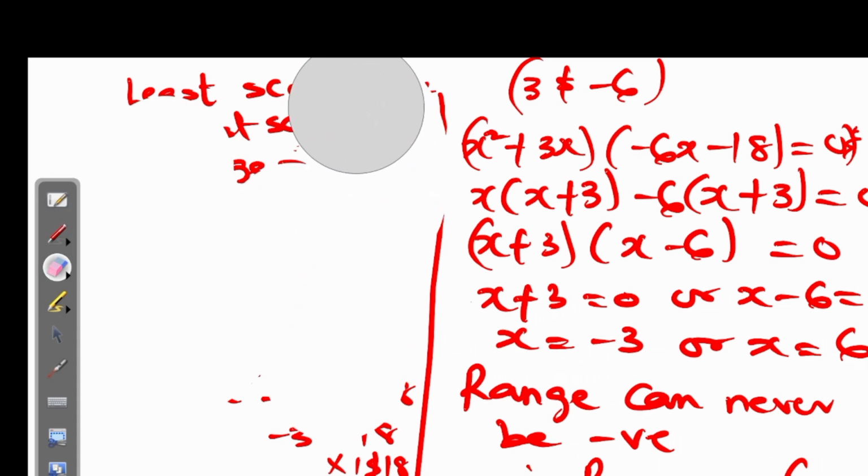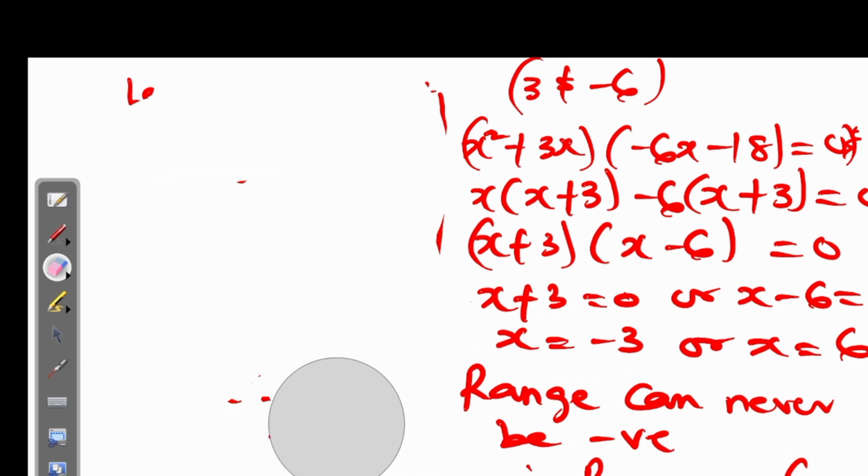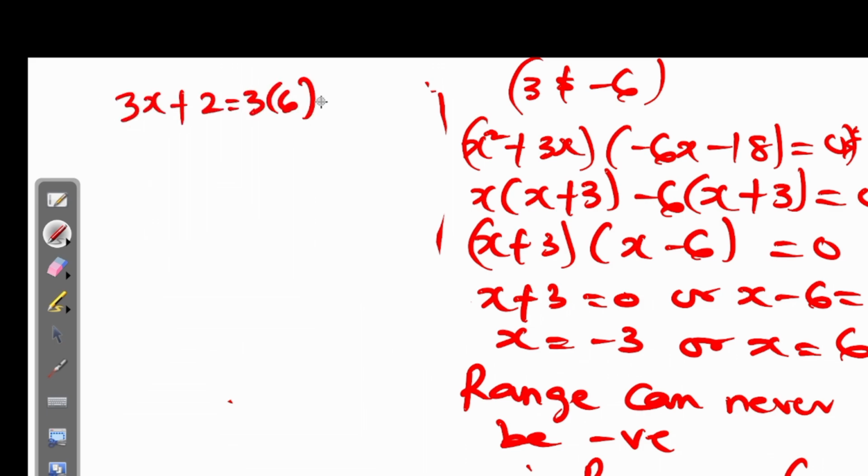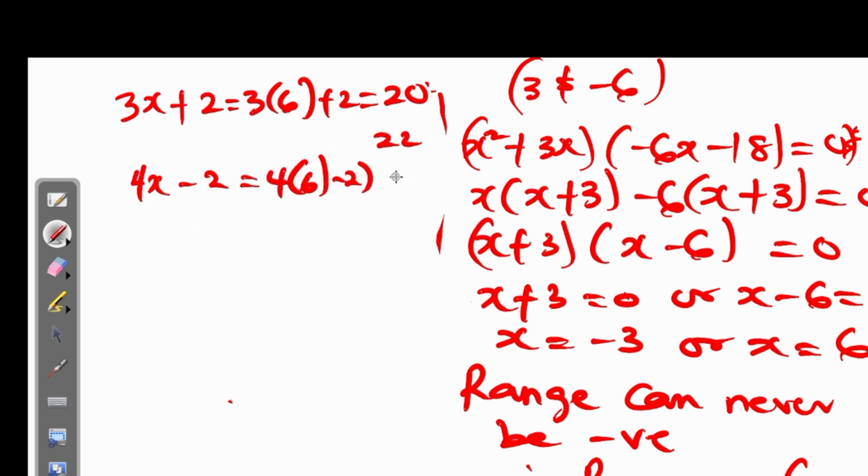So now I can get the other values. I have 3x plus 2, to give us 3 into 6 plus 2, that is 20. The next one is 22. Next one, 4x minus 2. 4 into 6 minus 2, 22.